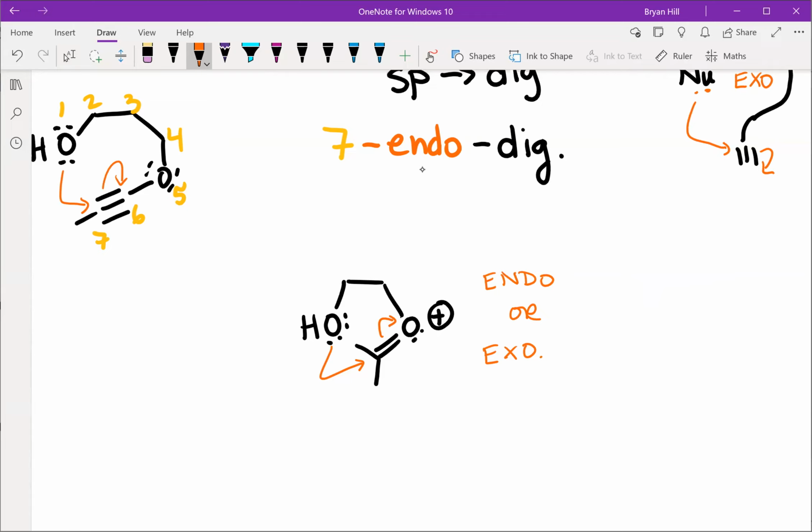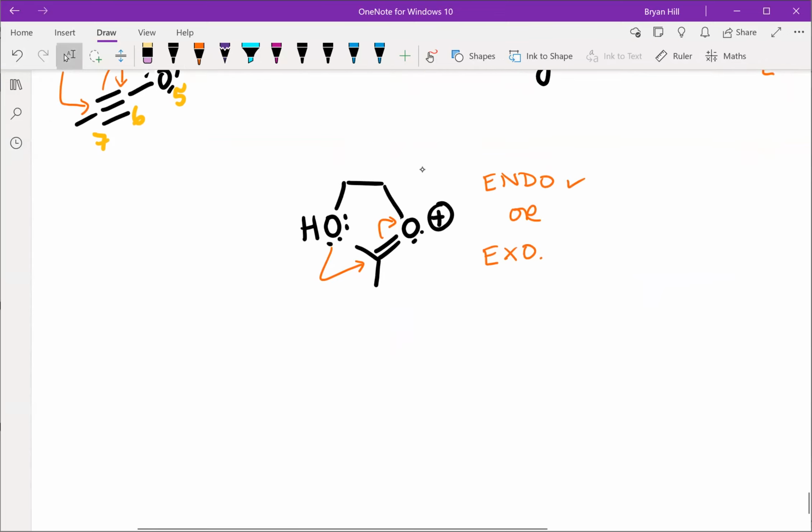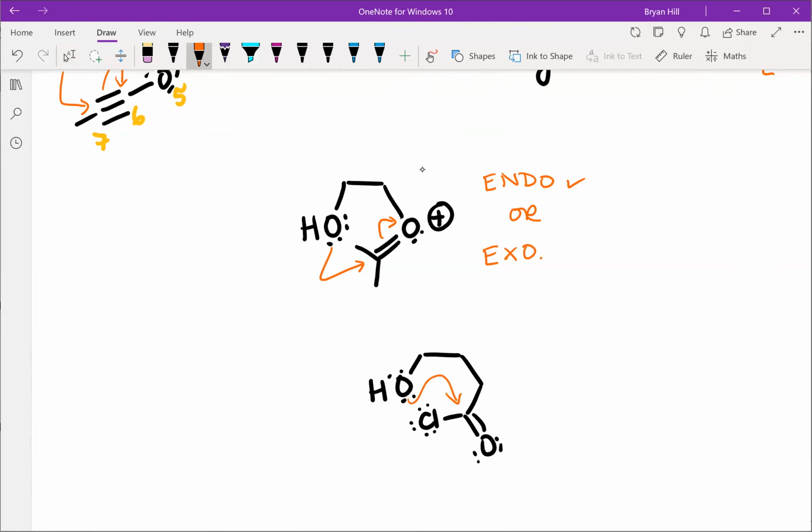Endo. Yes, so this would be an endo one because it's still part of the ring system. Now, if we change this up a bit, and those electrons are moving out, this would be exo.